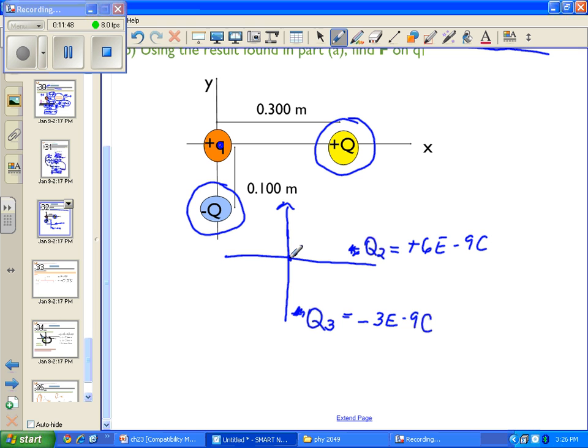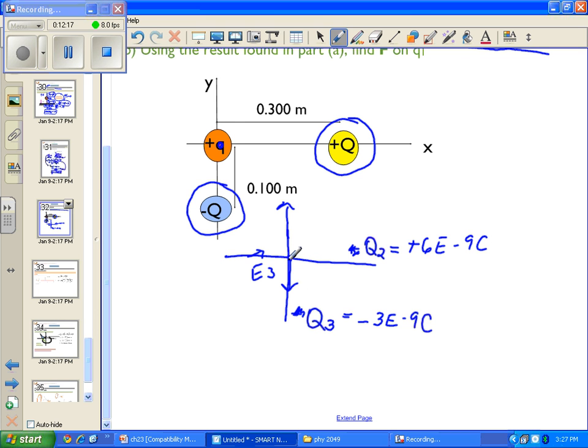And we ask ourselves, in what direction does that proton feel a force due to Q3? Well, protons are positive charges, Q3 is a negative charge, therefore it will feel a force towards Q3. That is the direction of the electric field at the origin due to Q3 as a source charge.